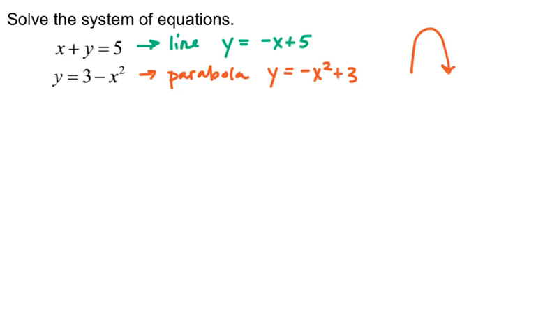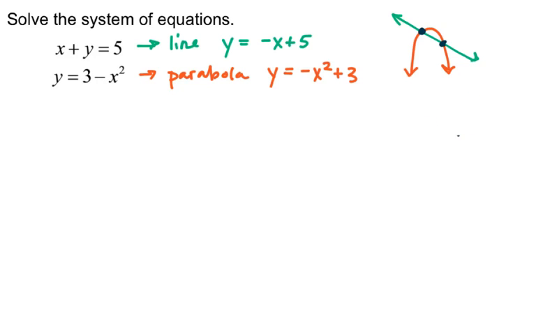So if we have a parabola that opens down and a line with a slope that is negative, how many possible solutions could we get? In this situation, there would be 2 possible solutions. Now, they don't have to both be real. Remember, we could have one repeated real solution or no real solutions.